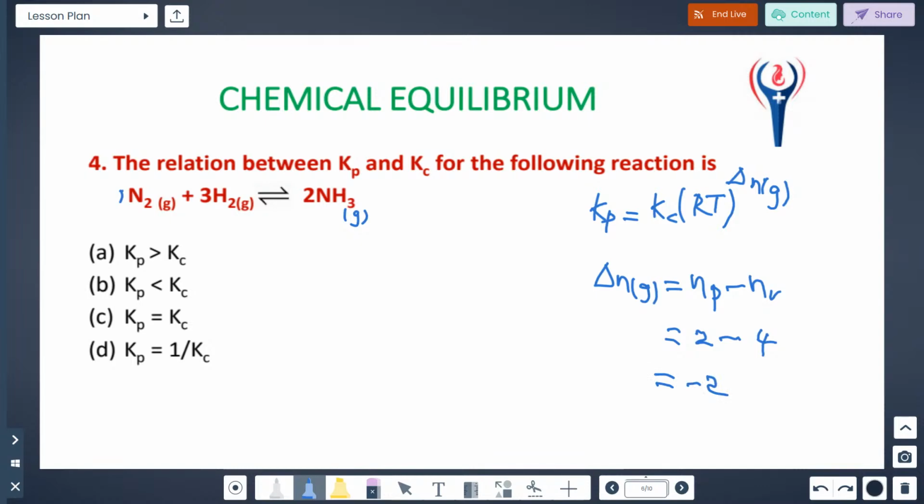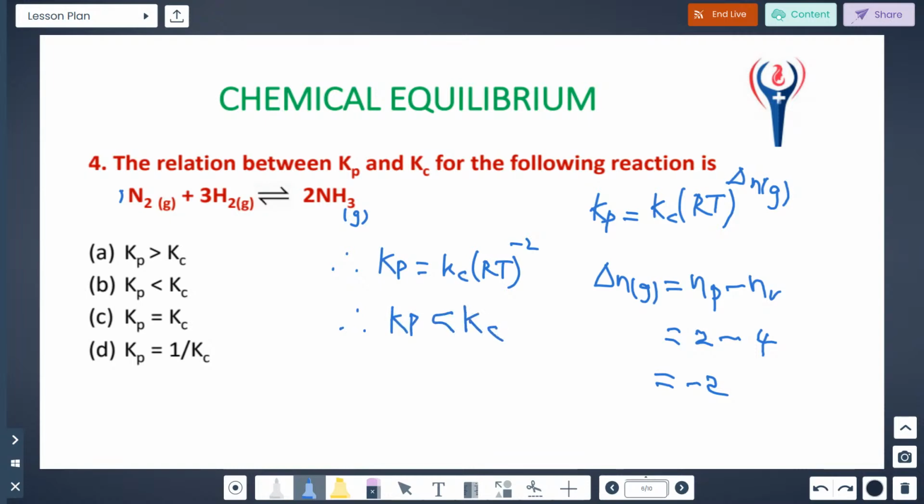Are you following? Okay. So you just substitute here. Kp is equal to Kc RT power minus 2. Understood? Usually remember, delta ng negative means Kp is always less than Kc.